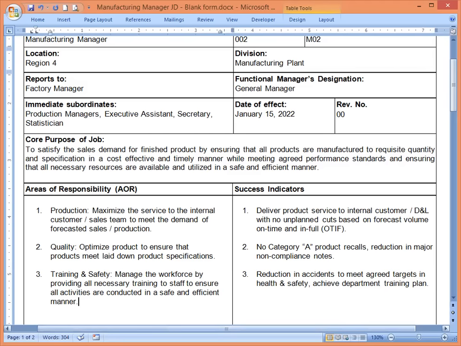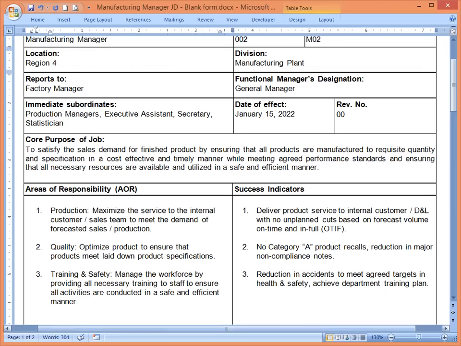Training and development is very important because, as I said, in manufacturing, there are two key performance areas that we have to satisfy: effectiveness and efficiency. If there's no training, there will be no effectiveness, there will be no efficiency, and we are lacking in terms of readiness level of employees.